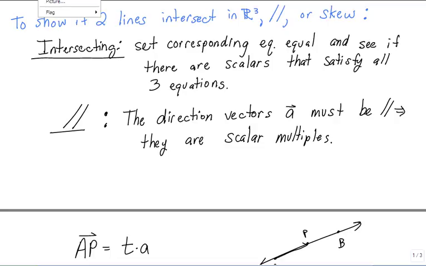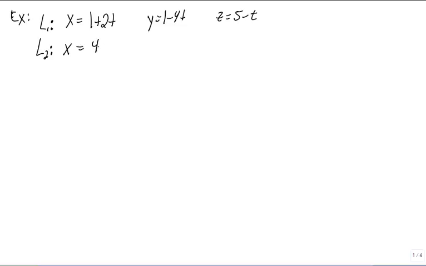So let's see an example of this. Here's one line, and here's the second. So L1 is this, L2 is this, and the scalar in the second is v. So the two scalars are t and v.